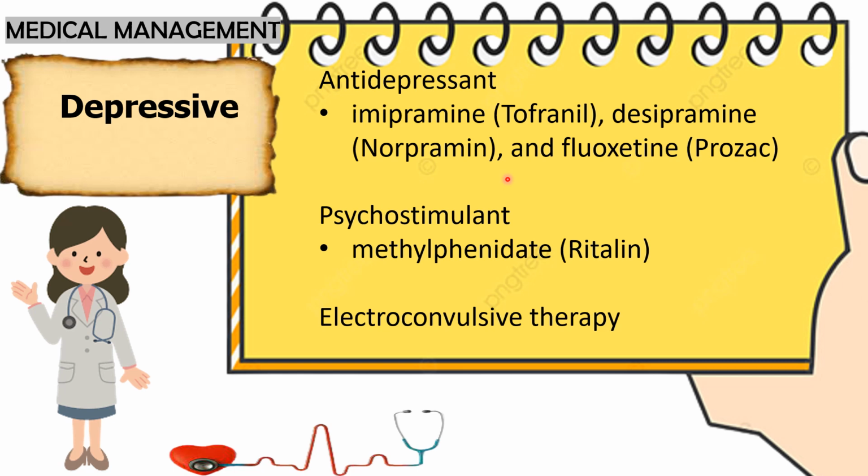Treatment for depression in people with HIV infection involves cognitive behavioral therapy, and it is integrated with pharmacotherapy such as antidepressants and psychostimulants. If depressive symptoms are severe and of sufficient duration, treatment with antidepressants may be initiated, such as imipramine or Tofranil, desipramine or Norpramin, and fluoxetine or Prozac.